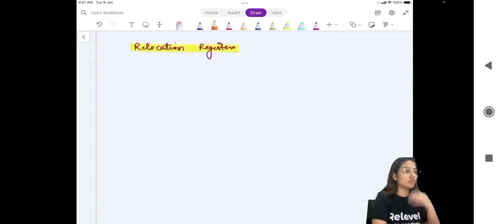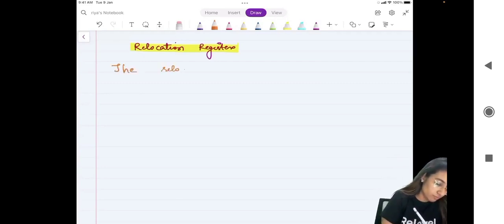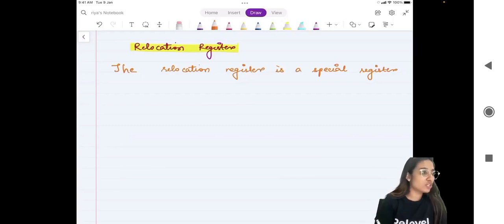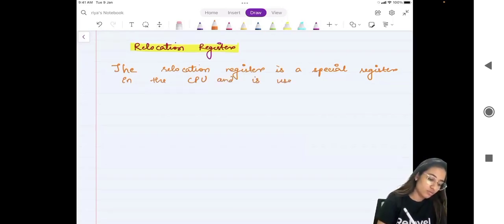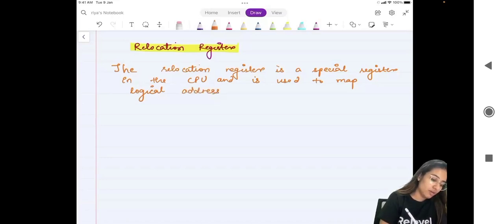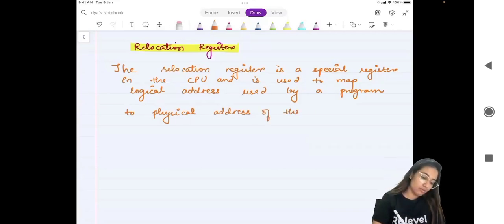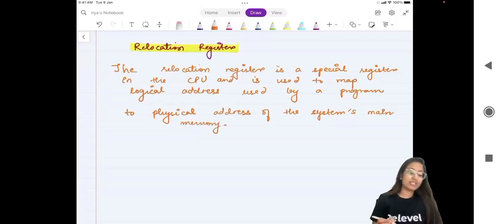First, we'll talk about the relocation register. The relocation register is basically a special register which is present in the CPU, and it is used to map the logical address which is being used by a program to physical address in the system's main memory.